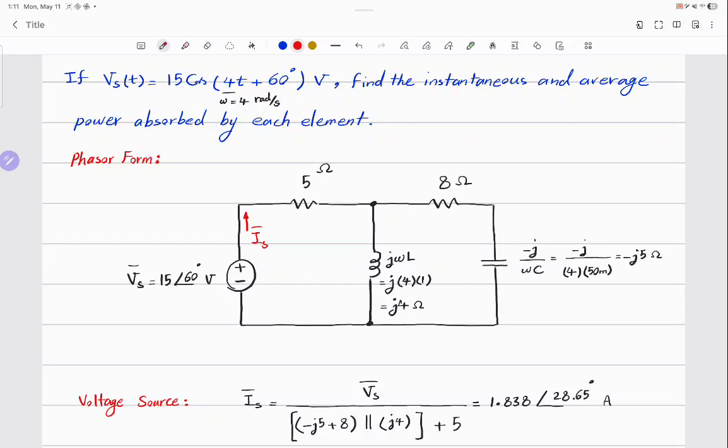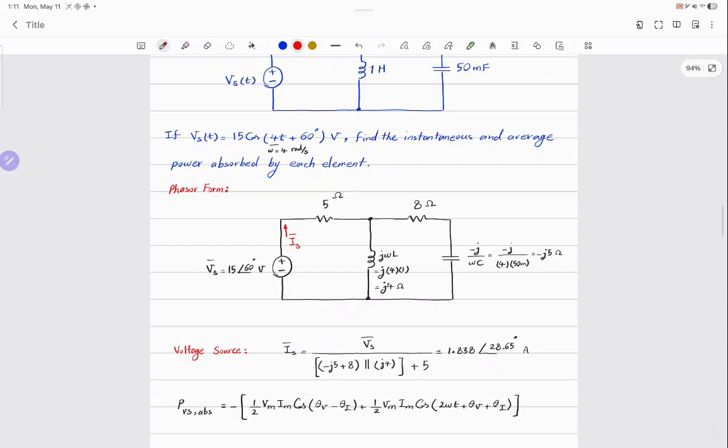No, even if you didn't have any capacitors or inductors, the source is still going to provide some average power to the resistor. Even if you have one source and one resistor, it's going to give it some power.